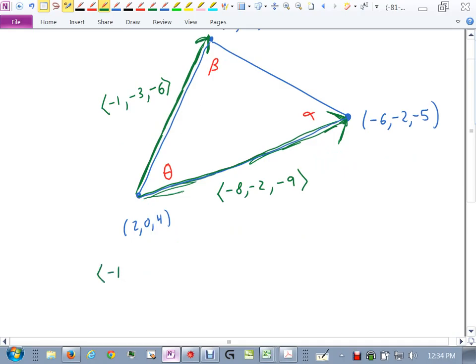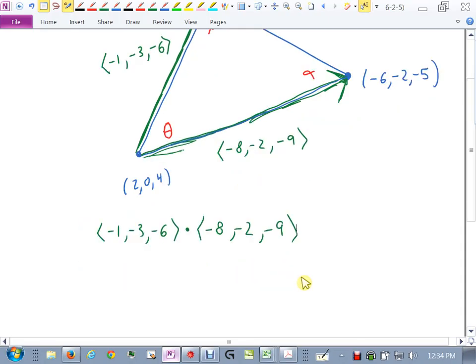If I take negative 1, negative 3, negative 6, and I dot it with negative 8, negative 2, negative 9, can that be 0? It can't. Look, all the components are negative, aren't they? So when you multiply these two, it's a positive number plus positive number plus positive number. There's no way that's ever 0.